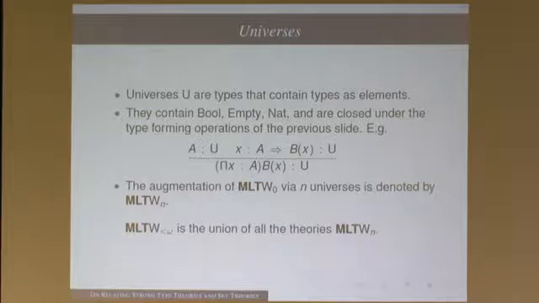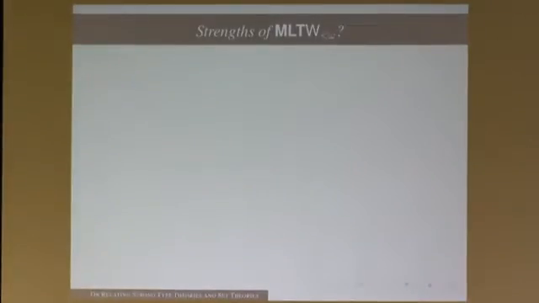Okay, that's a universe. And then, using this notation here, a subscript 0 means no universes, and n means we have, I think, n minus 1 universes. Okay, so what's the strength of type theory?